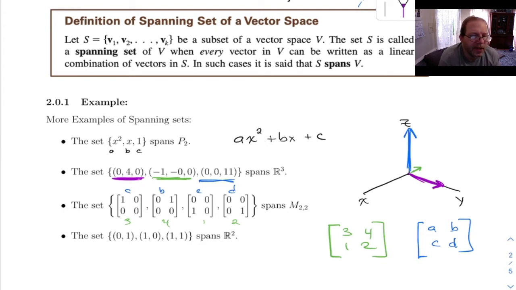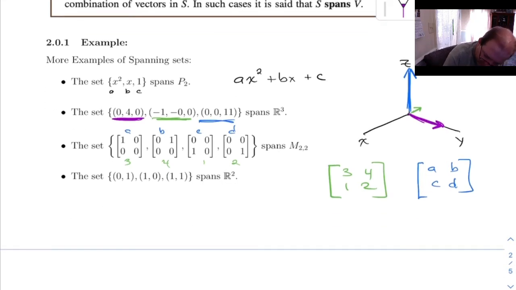And then finally, this last one says this set spans R2. Okay, this one's kind of interesting. If we draw out R2, then this guy is the unit vector, means length 1 in the y direction. So you've got this, then you've got this, this way.